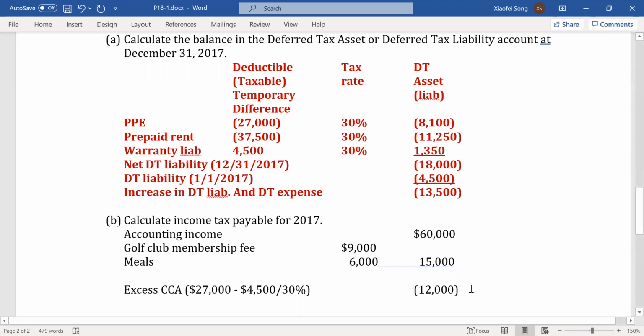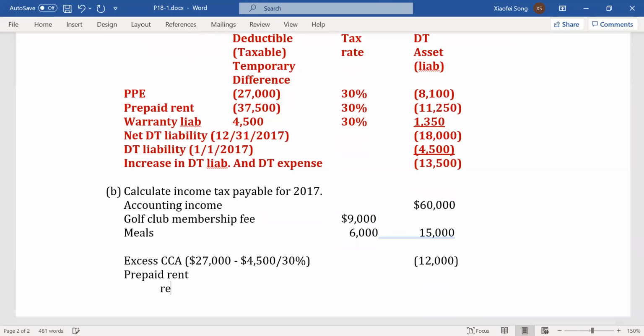Okay, that's that. And then the second difference is what? Oh, prepaid rent. Okay, for prepaid rent, this time I will do it this way. The rent expense deducted is only 1 year, right?